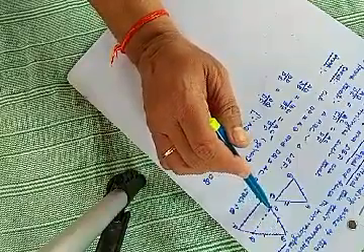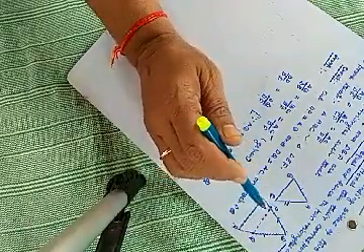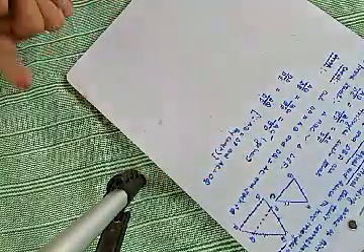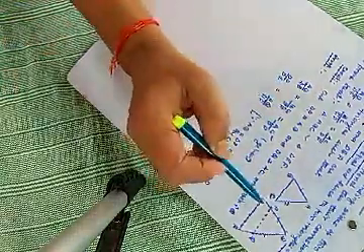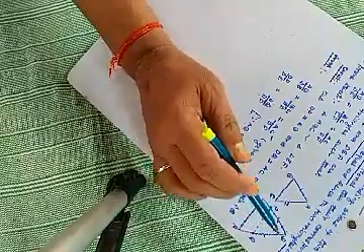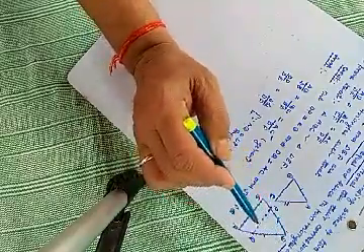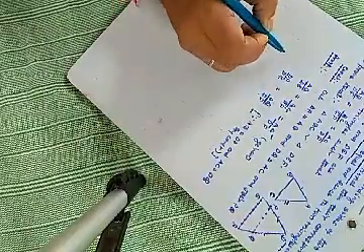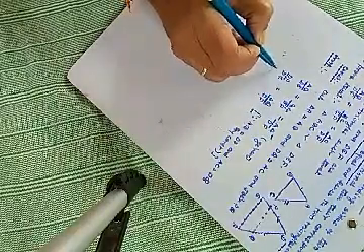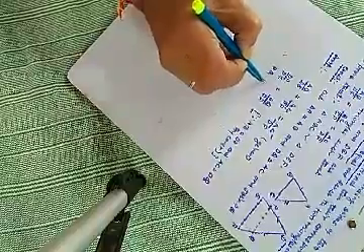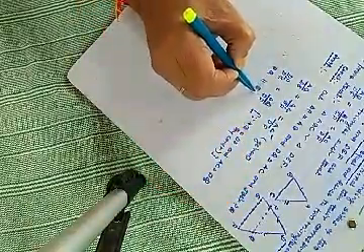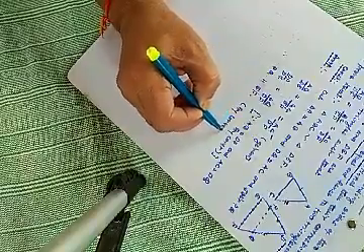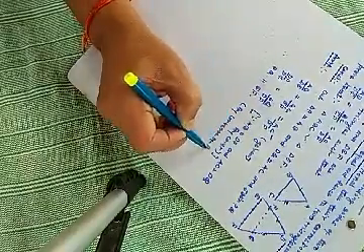In a triangle, if a line divides two sides of a triangle in the same ratio, then the line must be parallel to the third side. Here PQ divides DE and DF in the same ratio. DP upon DE is equal to DQ upon DF. Therefore line PQ will be parallel to EF, by the converse of BPT.